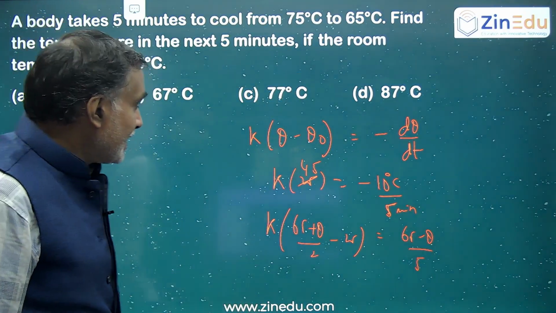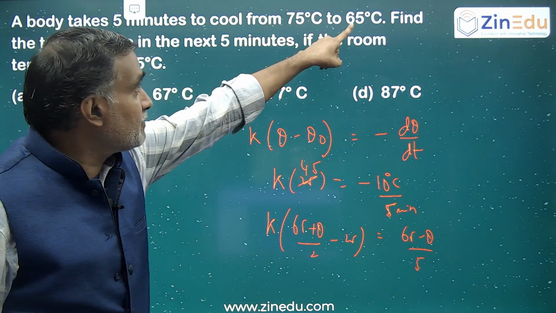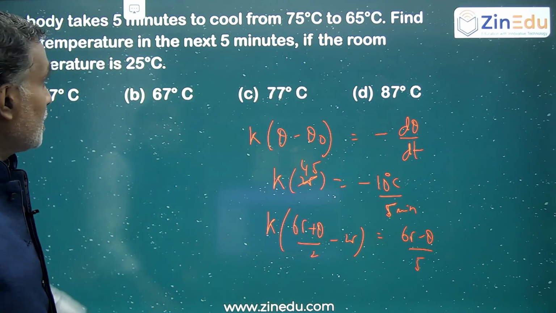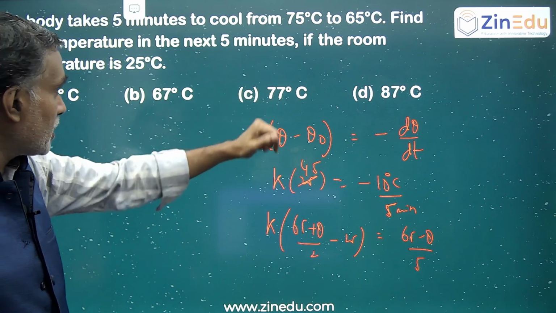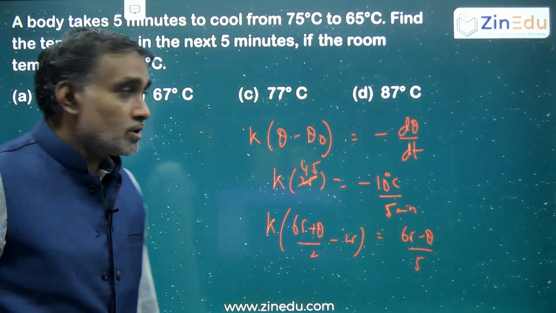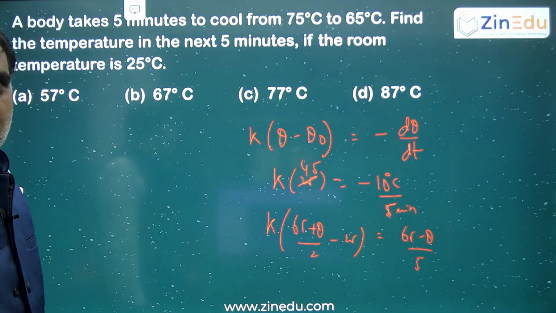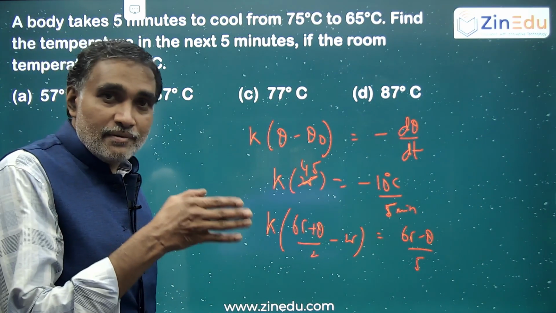But directly by seeing also I can tell the answer. It cooled from 75 to 65 in 5 minutes. In the next 5 minutes, it should be less than 65. All the choices they have given are more than 65, so directly the answer is 57. In the first 5 minutes it cooled from 75 to 65.